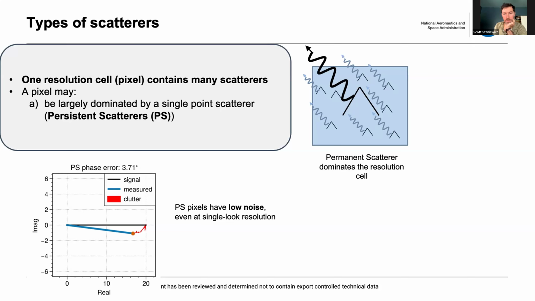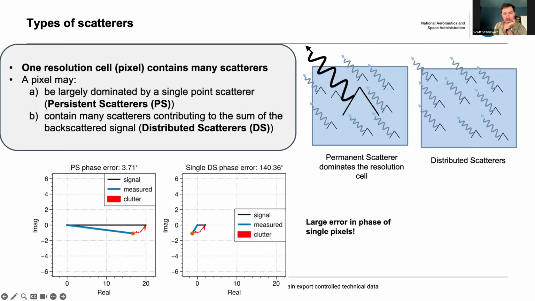But often you don't have many situations where there's a super strong return in one cell. You have something that looks like this, which we call distributed scatterers. In every SAR element, there are some things that give signal, but they all have pretty low amplitude. So when you add them up, the signal is not very large compared to the noise.